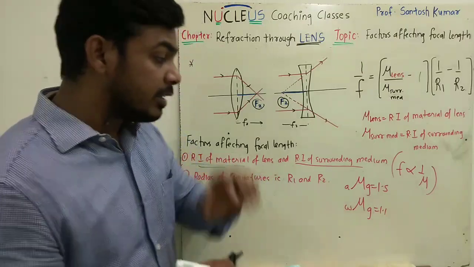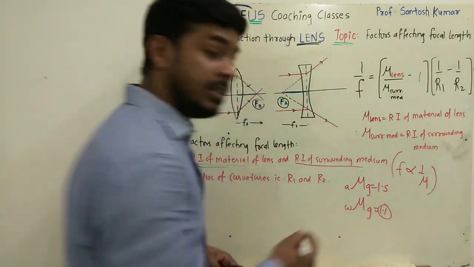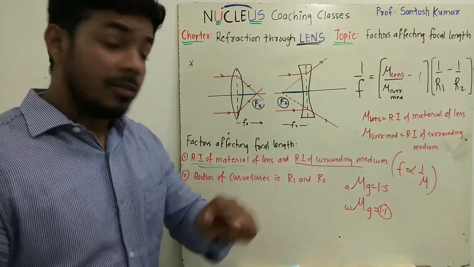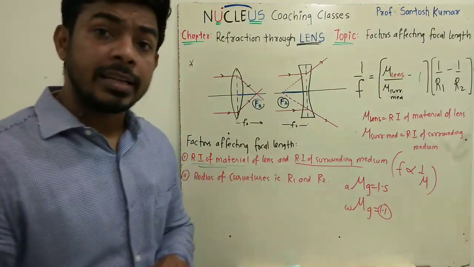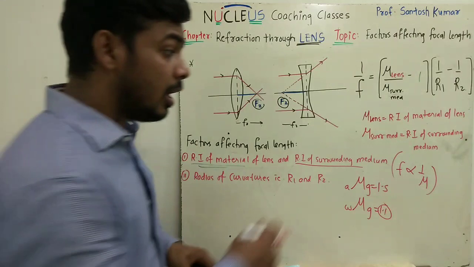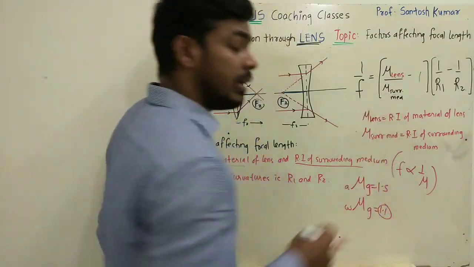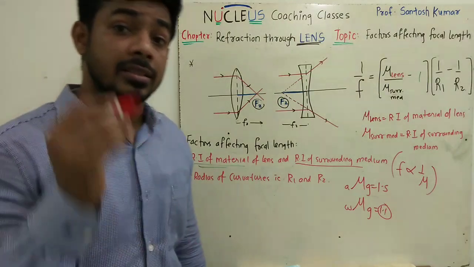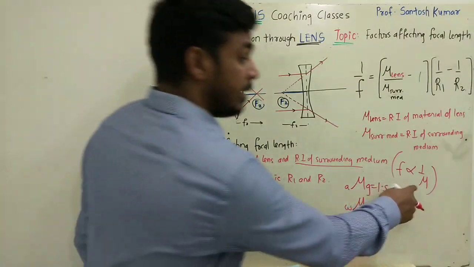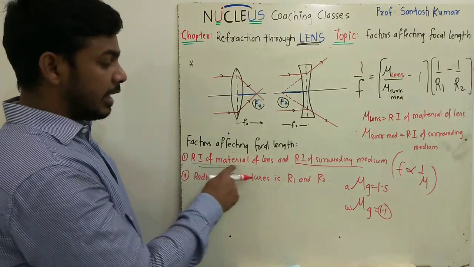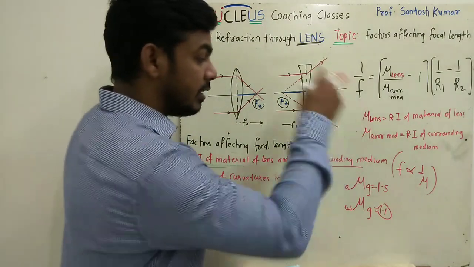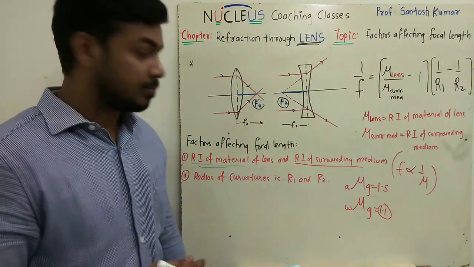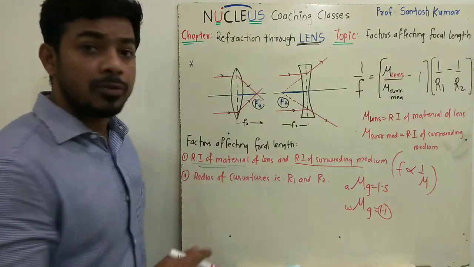The refractive index of glass with respect to water is 1.1, a smaller value. And when the refractive index is smaller, the focal length is higher. So the focal length of a lens is inversely proportional to the refractive index, whether relative or absolute, and this is the refractive index of the material of the lens as well as of the surrounding medium. The second factor is the radius of curvature.